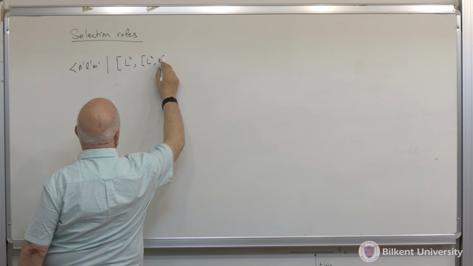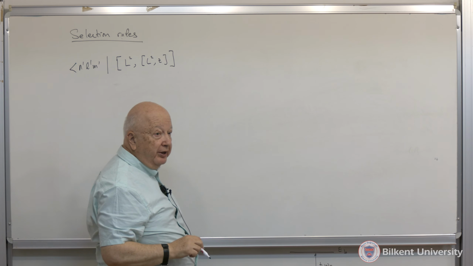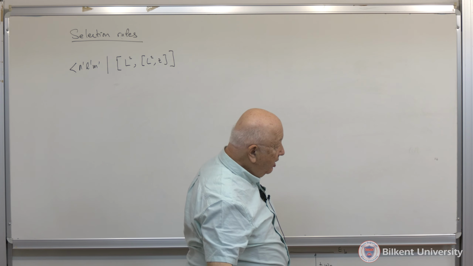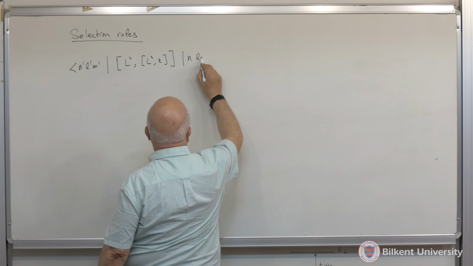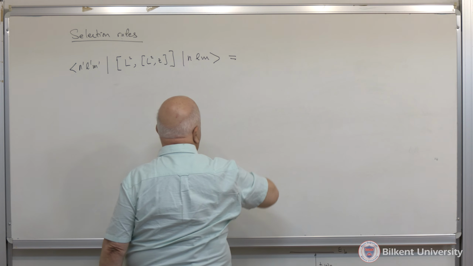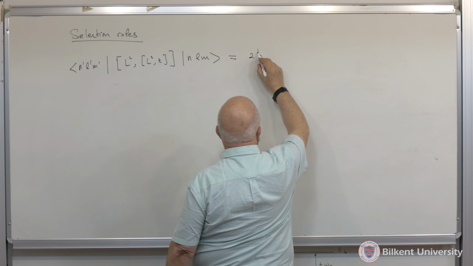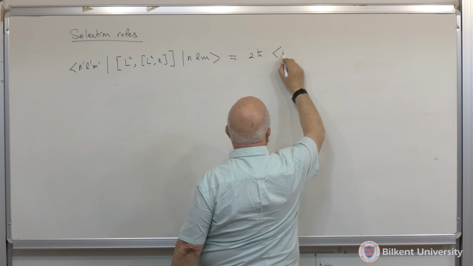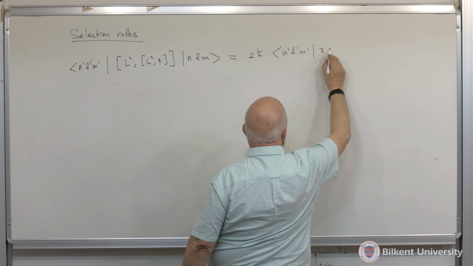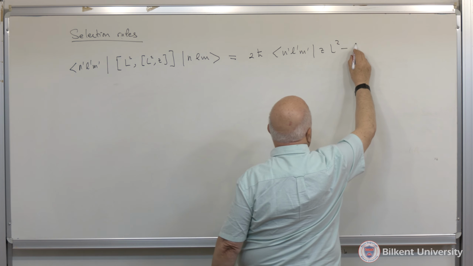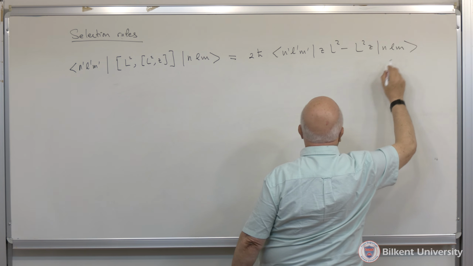Let me just write it as Z, but this will be true for any component, X, Y, or Z. And on the right, I have n, l, m, and 2 h bar, and then the expectation n prime, l prime, m prime, Z L squared minus L squared Z, n, l, m.